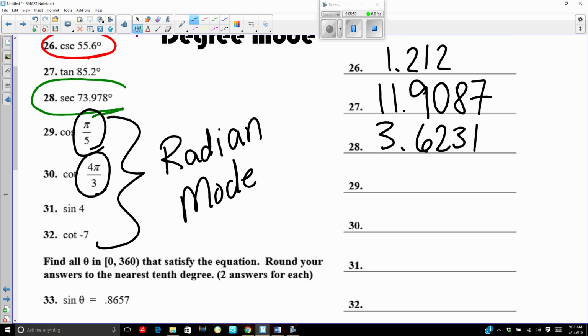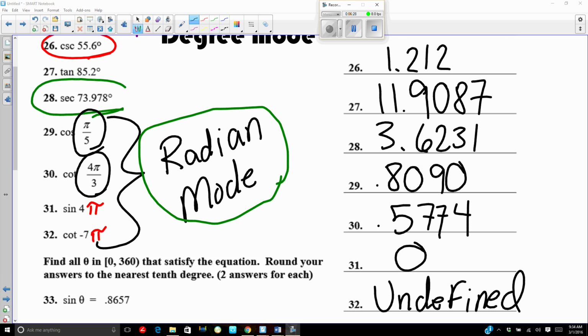That should be the sine of 4 pi, and that should be the cotangent of negative 7 pi. I'm just going to do those real quick, converting them to degrees. If you want to do it that way and put it in the calculator, or you can switch your calculator to radian mode. Just make sure if you do that, you convert it back to degree mode after you do those 4 problems.